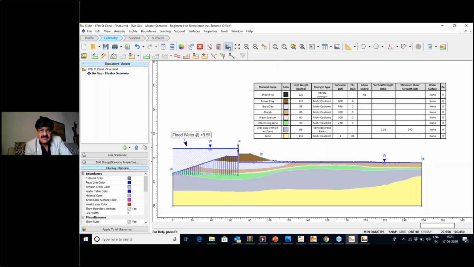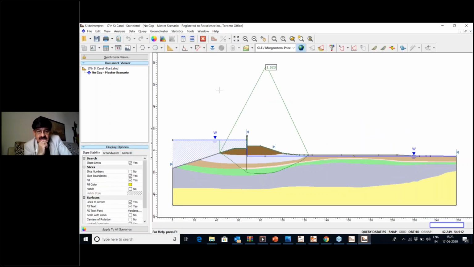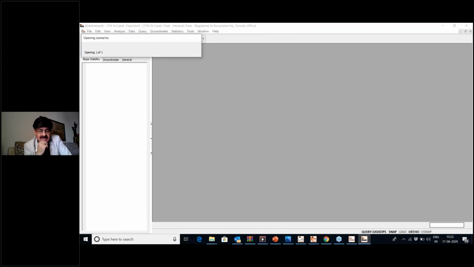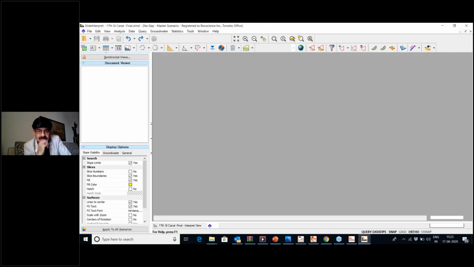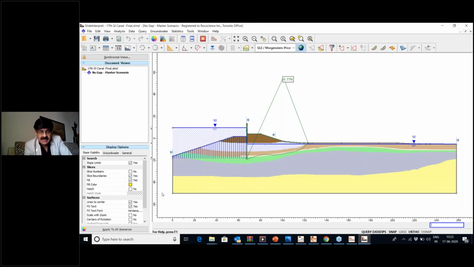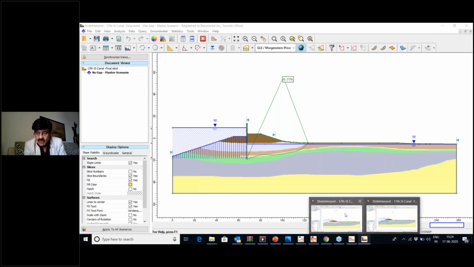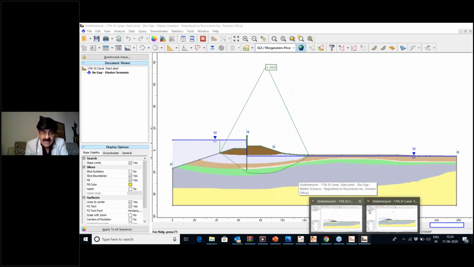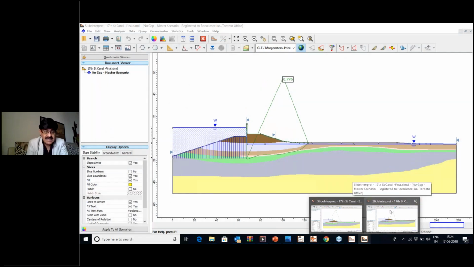Let's look at the results. This is the previous one, and the new one is coming now. As you can see, there's a drastic drop in the factor of safety there, and this would definitely indicate a failure. And because of this low factor of safety, the levee failed. If you compare this with what we had earlier, 1.523, and now it is 0.776, much lower than the acceptable value. Certainly failure is happening.